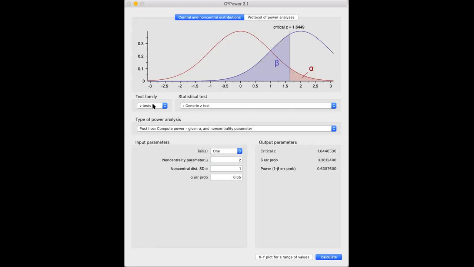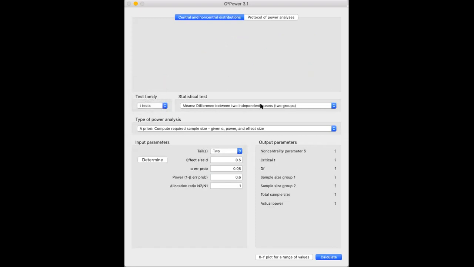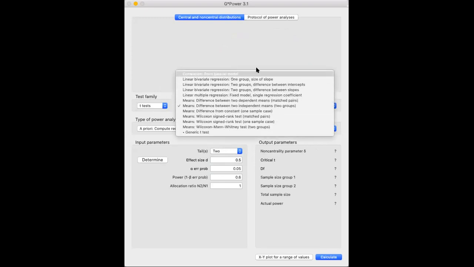Now let's move on to a different test family. Let's say t-tests. If we select t-tests, there are different options, different statistical tests, and you can see that all these are done with the t-test.